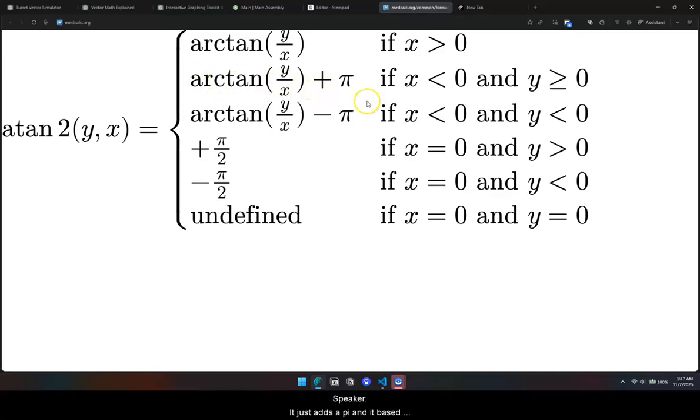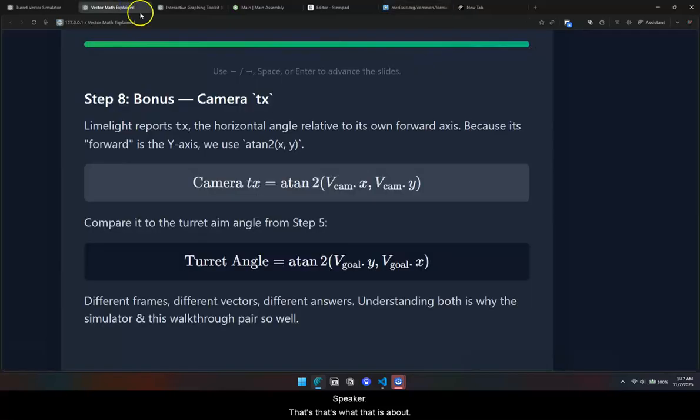It just adds a pi. And based on what x and y is, it changes the way it's processing that so that you wouldn't get undefined at positive negative 90 or positive negative 270. And then if x is 0 and y is 0, obviously you get undefined because you don't have a direction there. You're a single point, right? That's what that is about.